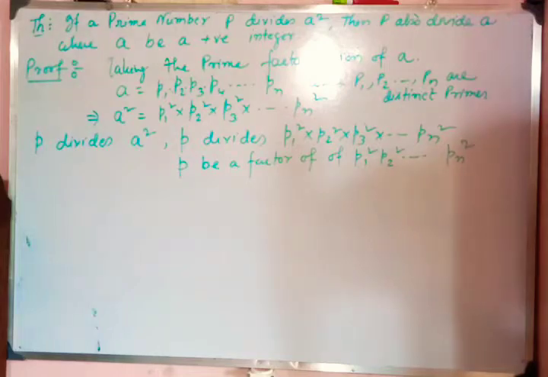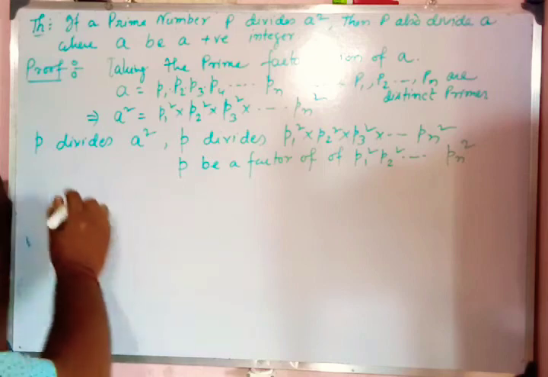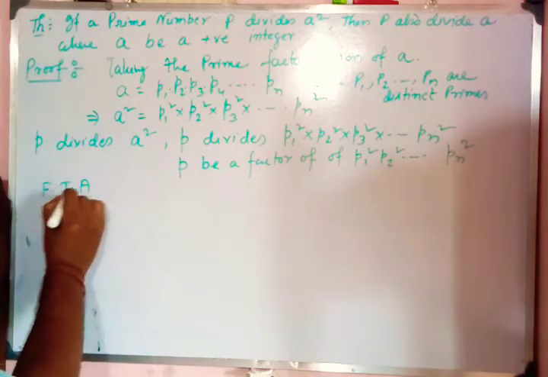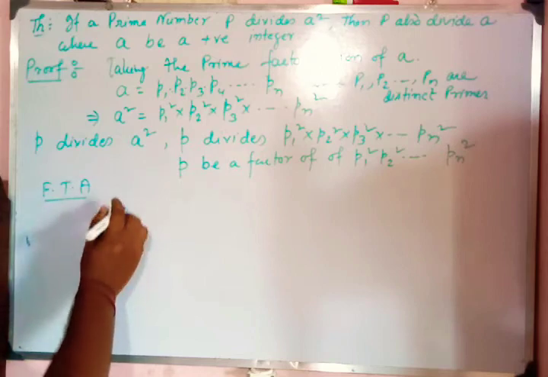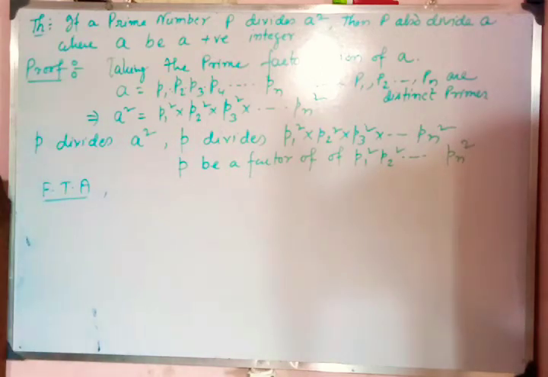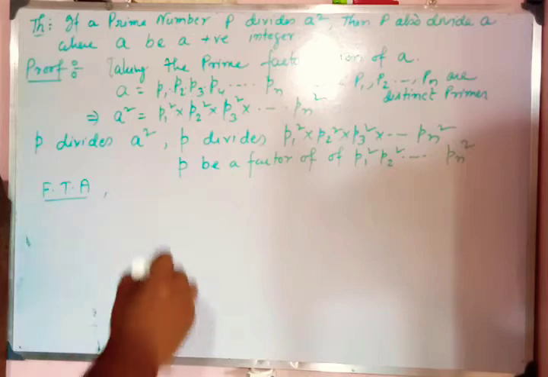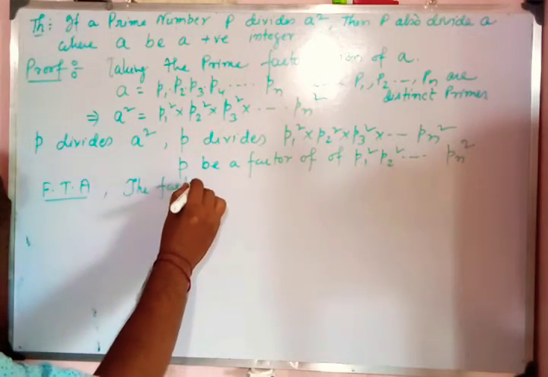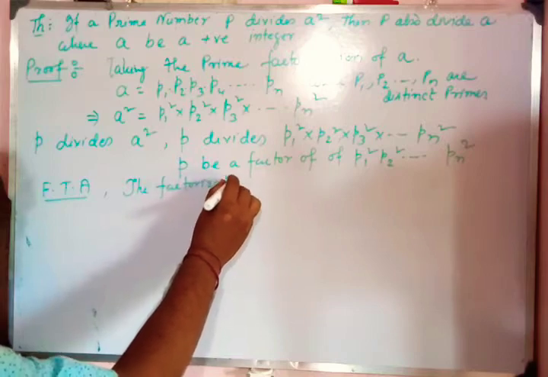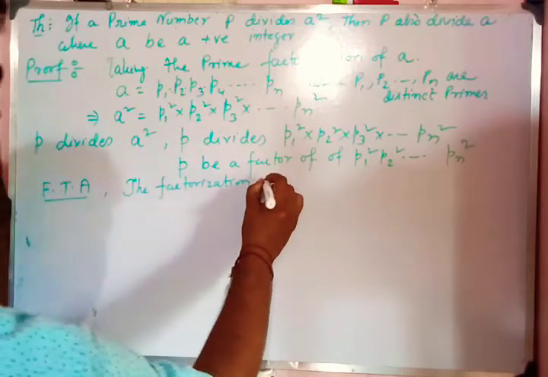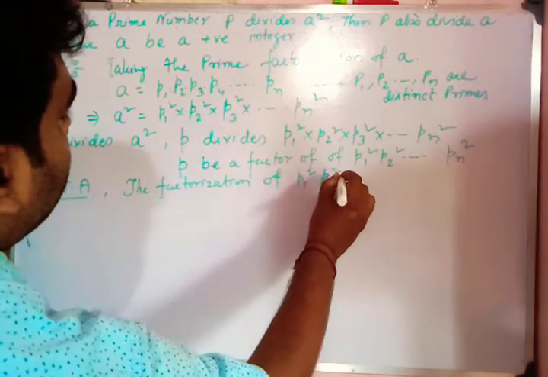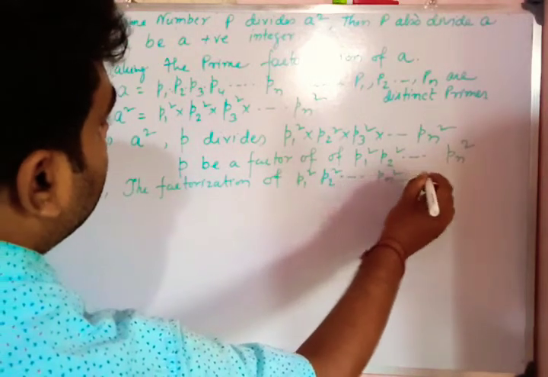Now as we know, by the fundamental theorem of arithmetic, the factorization of p1 square, p2 square, dot dot dot pn square is unique.